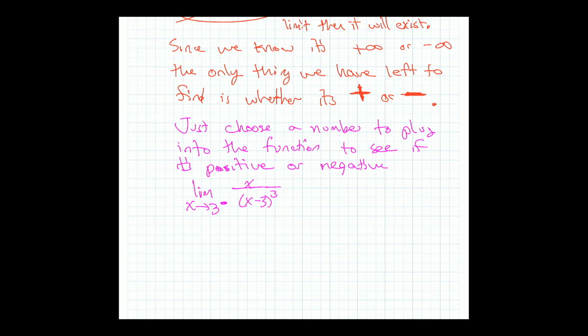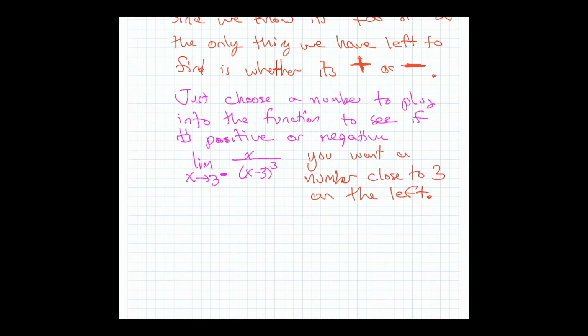So you want a number close to 3 on the left, because we're doing a limit from the left. So what's to the left of 3? I don't know, maybe 2.9. That's going to be fine.